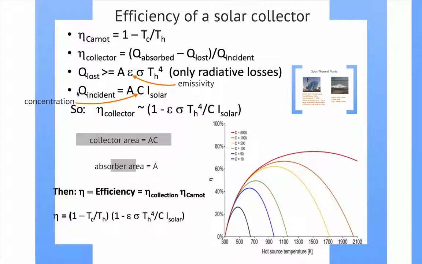The incident, of course, is the sunlight. So first of all, there's the intensity of the sunlight, I solar, or the insolation, as we saw before. It's in watts per meter squared, multiplied by the area of the collector, or the area of the collector multiplied by the concentration factor.